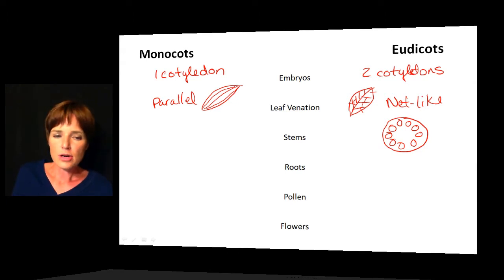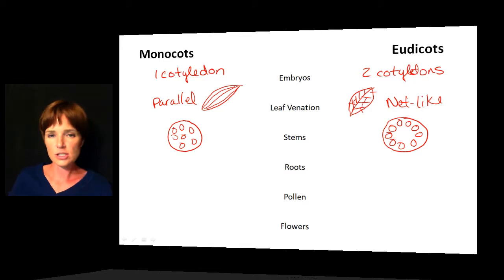If we're talking about the monocots, their vascular tissue is what we call scattered bundles. So it's going to be scattered all around in just little groups or bundles. And we don't tend to get very big, large, woody plants when we're talking about monocots. We do have some trees, but not a ton of them. So the trees that are monocots tend to be the palms, all of your palm trees.